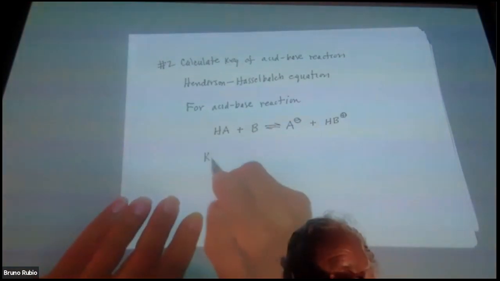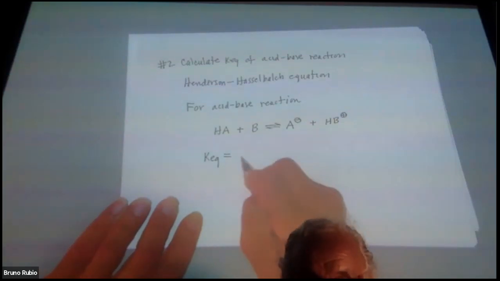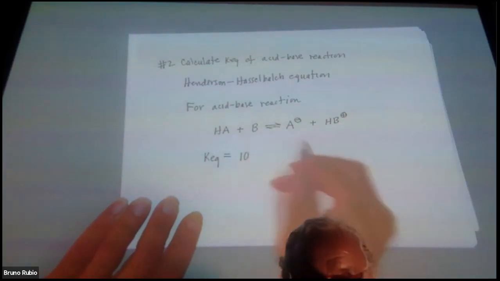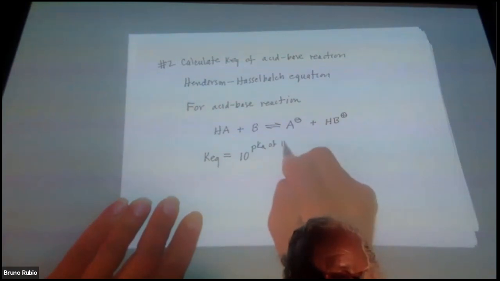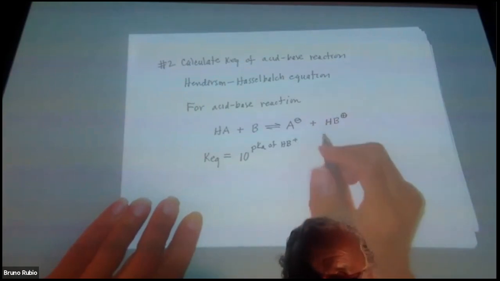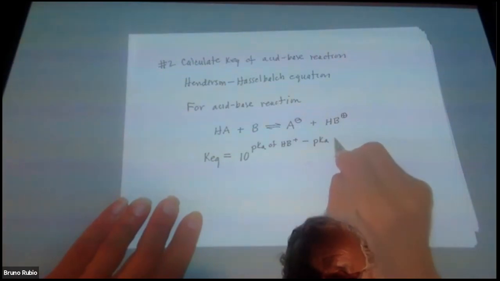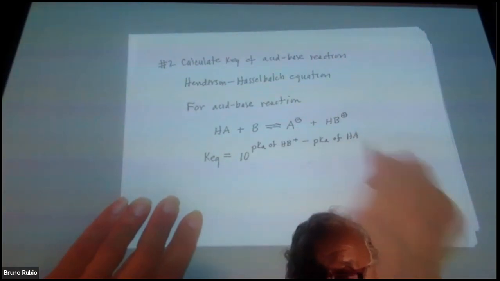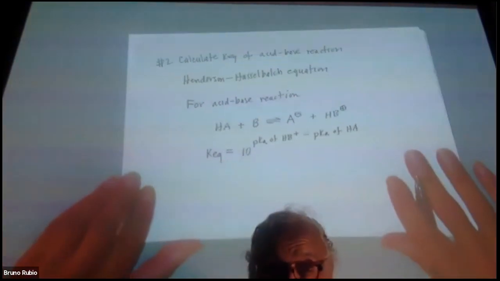The equilibrium constant for the reaction is equal to 10 raised to the power of the pKa of HB plus minus the pKa of HA. And all of this is in the exponent. That's the Henderson-Hasselbalch equation.